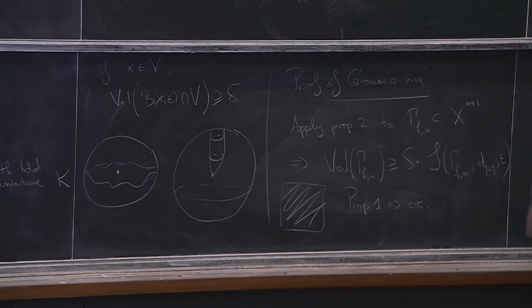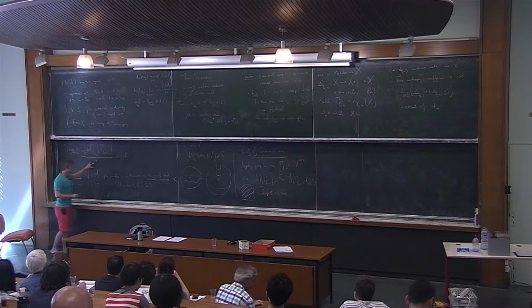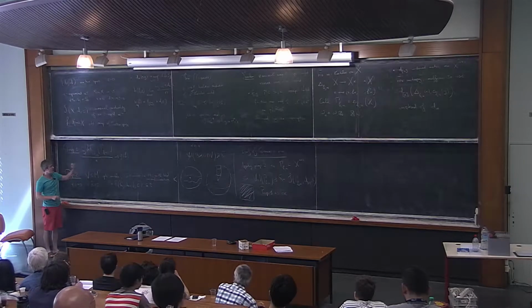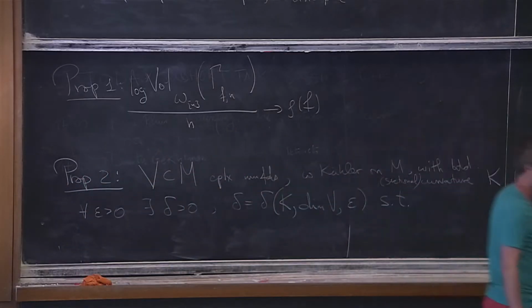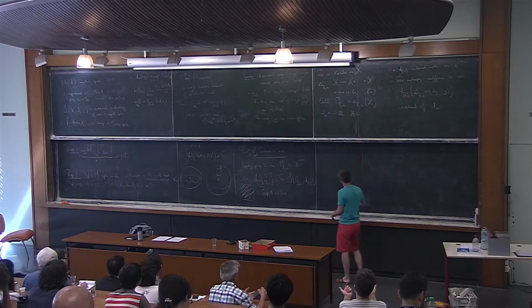Now for the proofs of the propositions, the first one, for K3 surfaces, this proposition is relatively easy. I'll only give you a partial proof, a sketch of a proof.